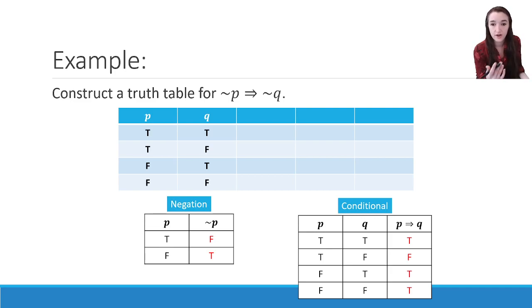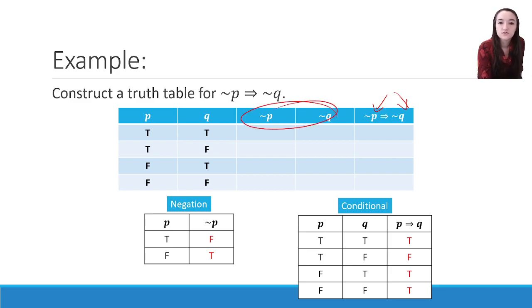Then we move on to our other headers. So our other headers, we're going to need direct negations of both P and Q because we have the negation of P and we have the negation of Q. Then, once we have both of those direct negations, we can add in our conditional between them, like so. Because we'll have either side of the conditional already accounted for.